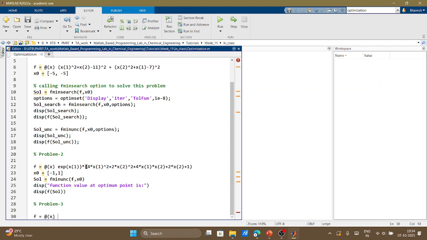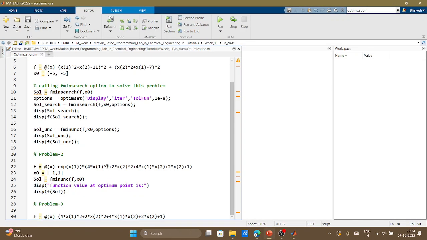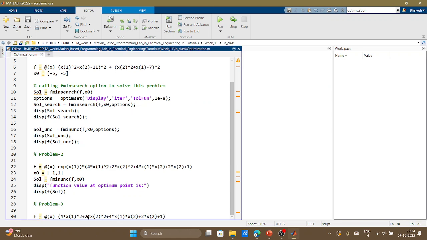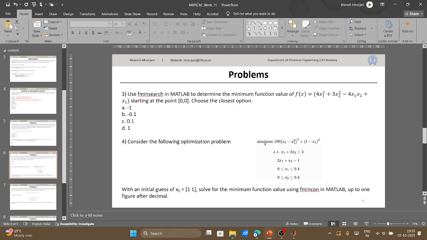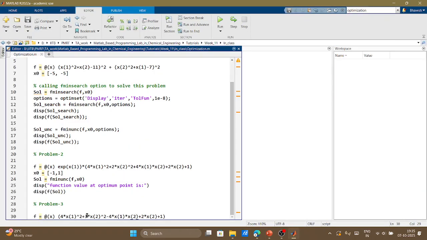Again the same equation here; I will just copy paste it from this point. So this is our equation.